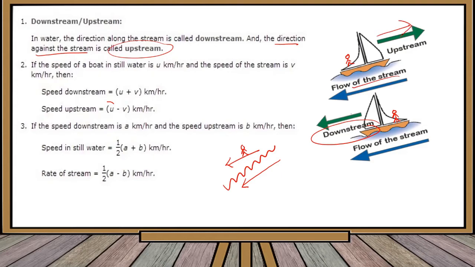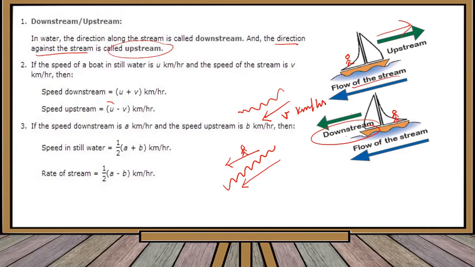Now, two things we need to remember. Obviously, when the water is flowing down, there will be a certain speed of water. So let this speed of water, or we call it the speed of the stream, be v kilometer per hour.